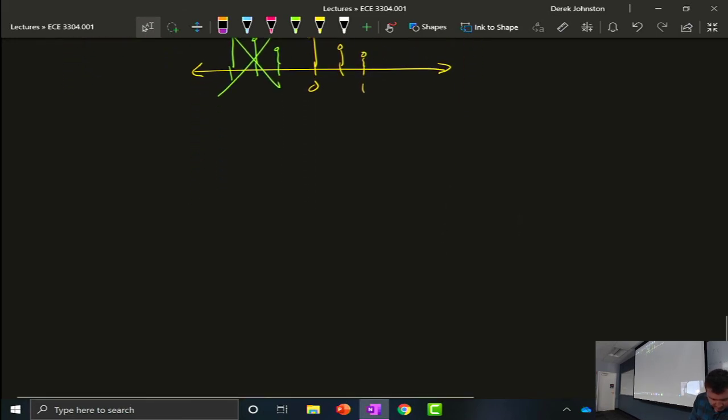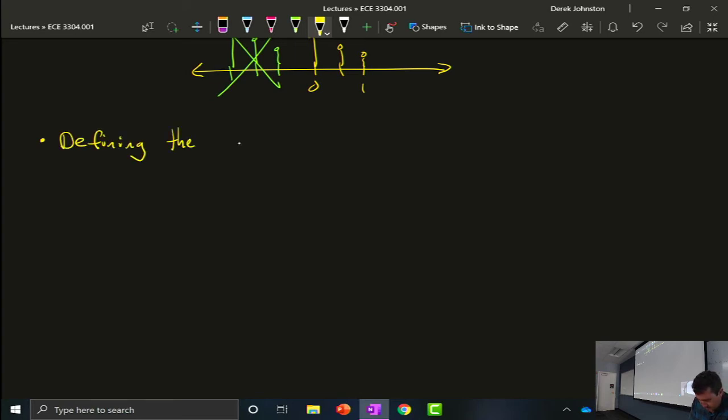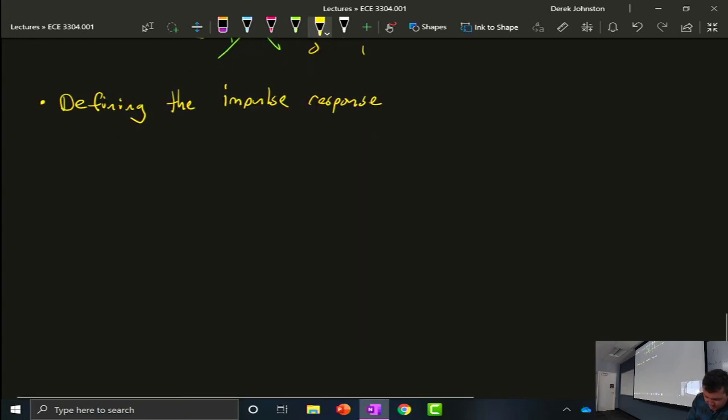So this one is kind of a silly formality, but we're going to talk about it anyway. I'm going to call this defining the impulse response. And it's pretty simple.